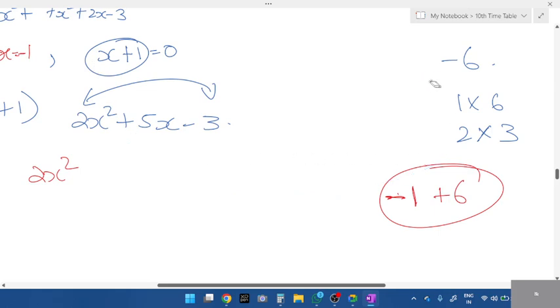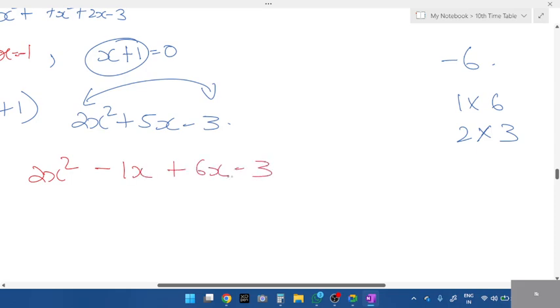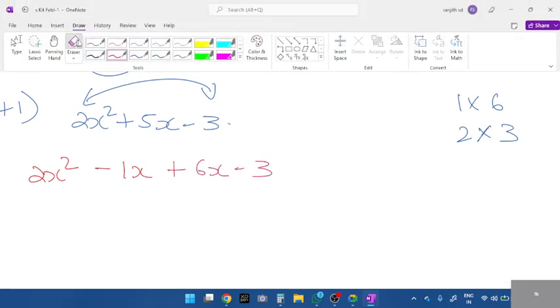If that doesn't work, we could have gone with 2 and 3, students. Minus 1 plus 6 is the answer. So 6, write it in the next step. Minus 1x plus 6x minus 3. Complete it. And I'll teach you all using formula method as well.